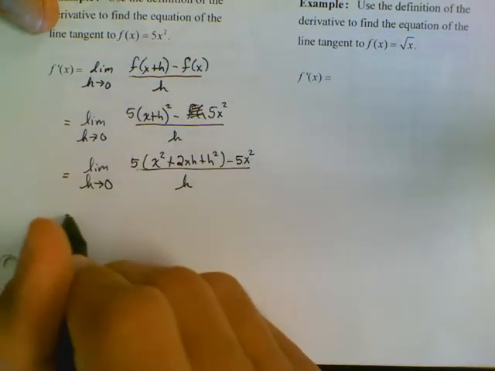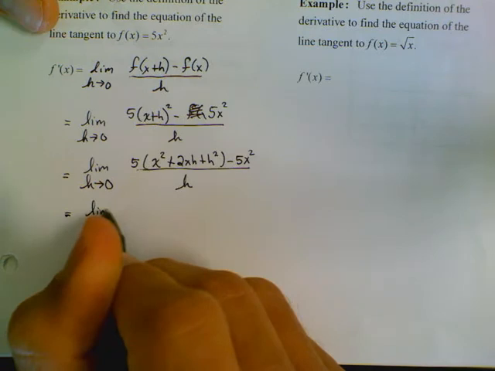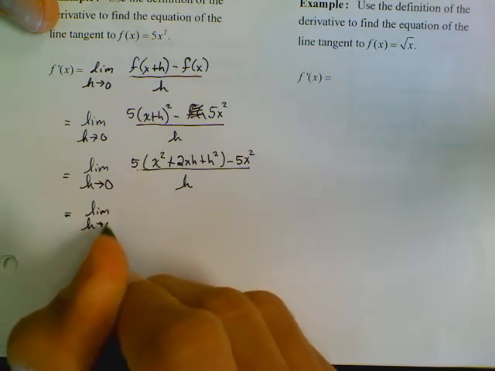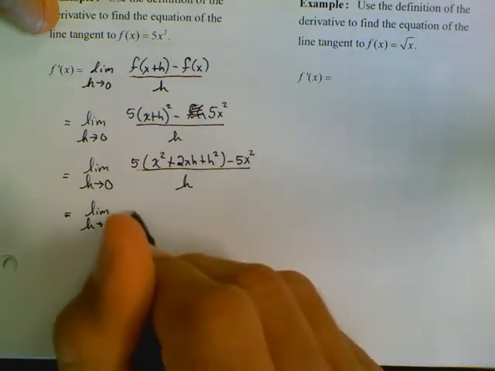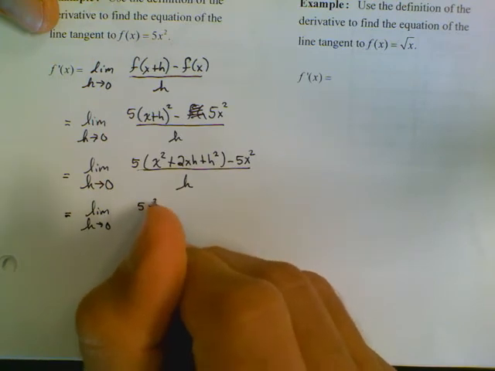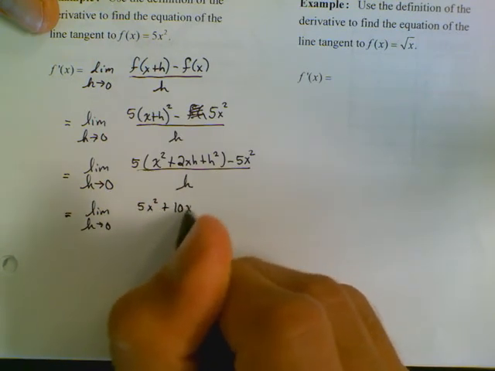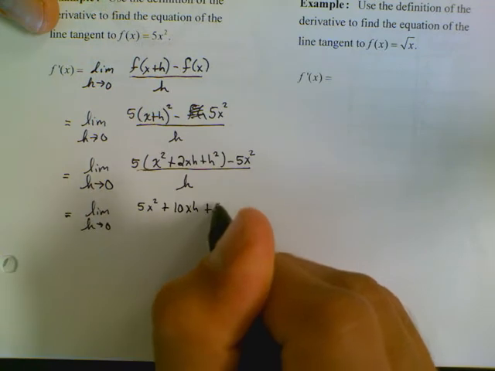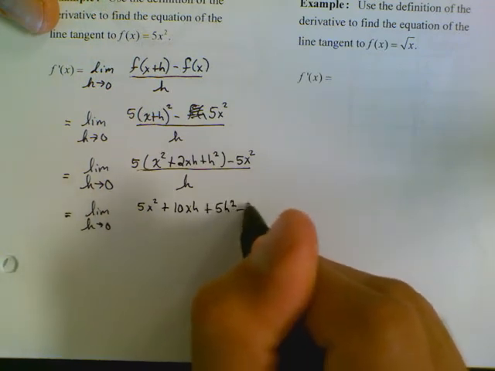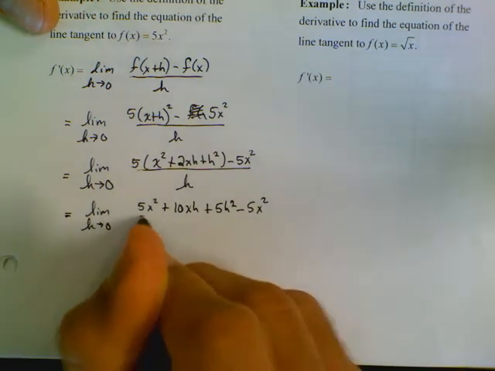And we'll keep going. We're going to distribute that 5 through. Notice that I write this limit part on the left-hand side. Every time I have a line, I need to write that. So 5x squared plus 10xh plus 5h squared minus 5x squared all over h.